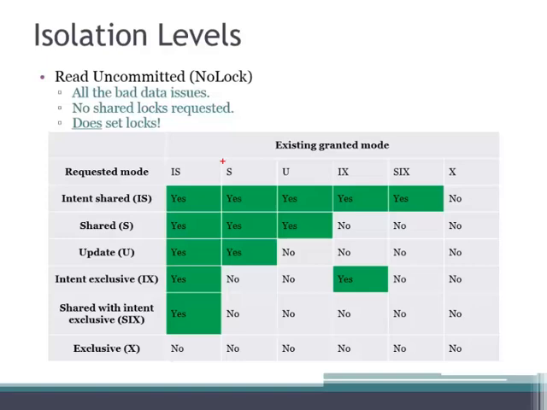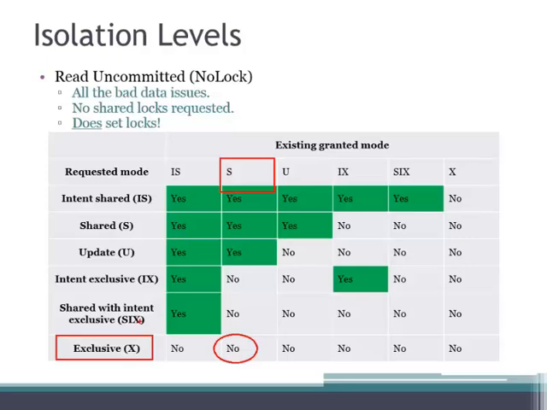If we had asked for a shared lock on that row, when the other connection asked for an exclusive lock, it would have been denied and it would have had to wait for our select to finish. However, again, since in read uncommitted we didn't ask for any shared locks, we didn't have the $15 row locked. So when the other connection came along and asked for an exclusive lock on the row, it was granted. And it was able to make the update. And that's why we ended up reading it twice.